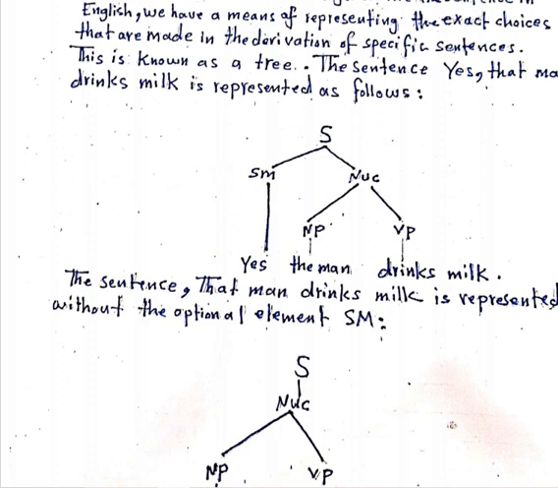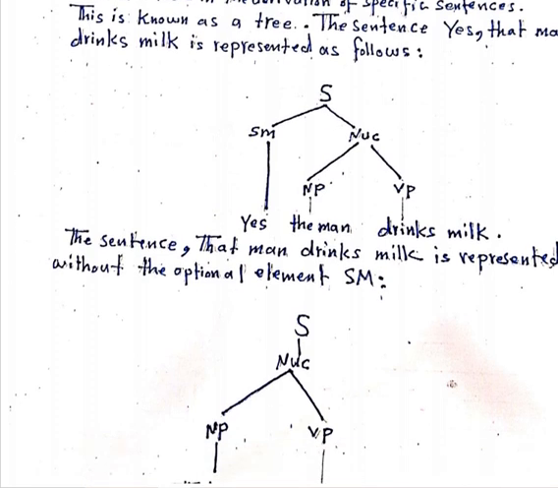In this position the sentence modifier comes before the noun phrase, the man. But "that man drinks milk" is represented without the optional element, the sentence modifier.